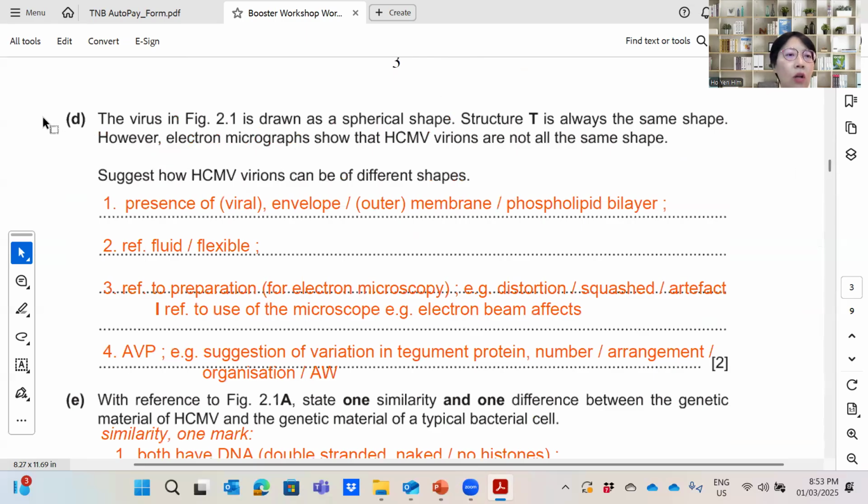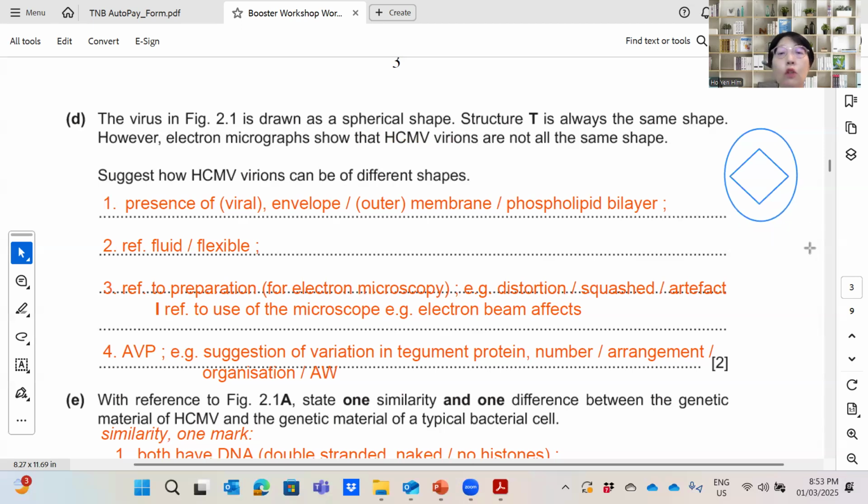However, the electron micrograph show that the HCMV virions are not all the same shape. So what it means here is that the capsid inside the virus, that means the protein coat, is always the same shape, but the virus itself, don't forget the virus that's given there has got an envelope, a membrane envelope, right?